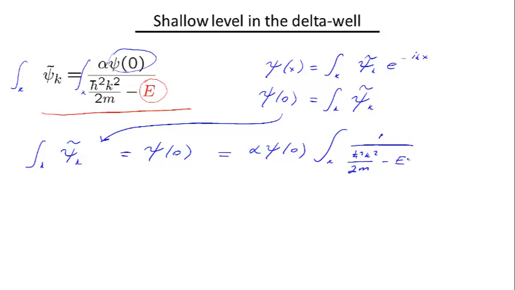And so the neat thing that happens here is that we see that there is a psi of 0 that we don't really know at this stage, but this psi of 0 appears in both sides of this equation, so we can simply cancel it. And so we end up with an equation that doesn't have the wave function anymore. So it has only one unknown, and this unknown is exactly the energy we are after.